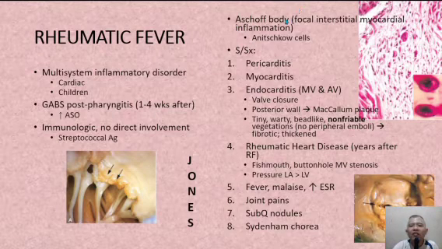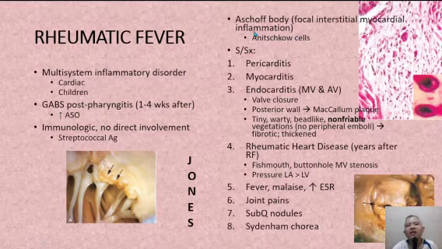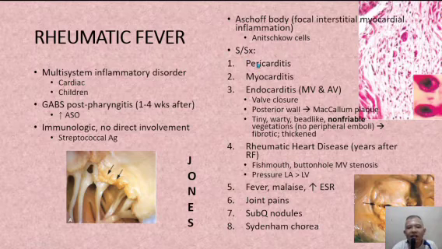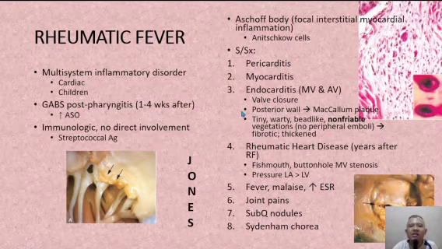These are focal interstitial myocardial inflammation. And the Anitschkow cells are very much likened to the multi-nucleated giant cells in tuberculosis. Okay, so this Aschoff body attacks all layers of the heart, causing pericarditis, myocarditis, endocarditis.